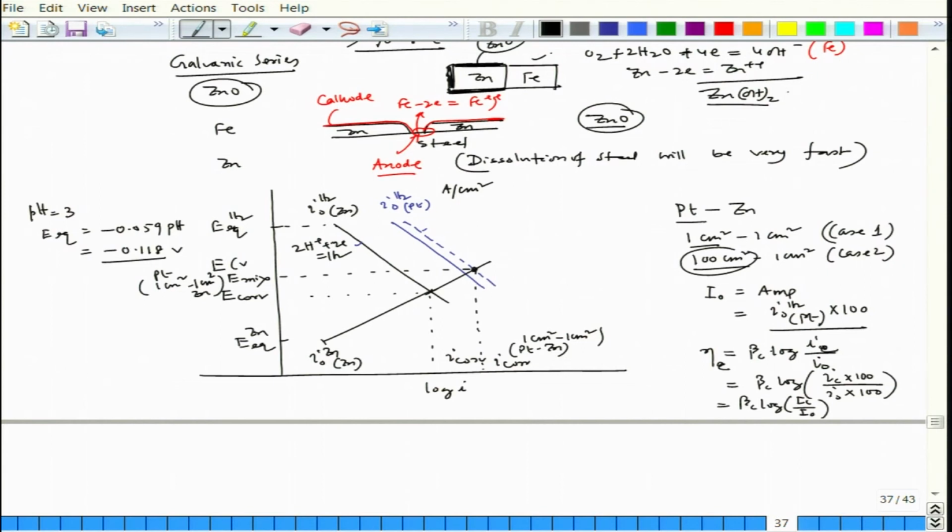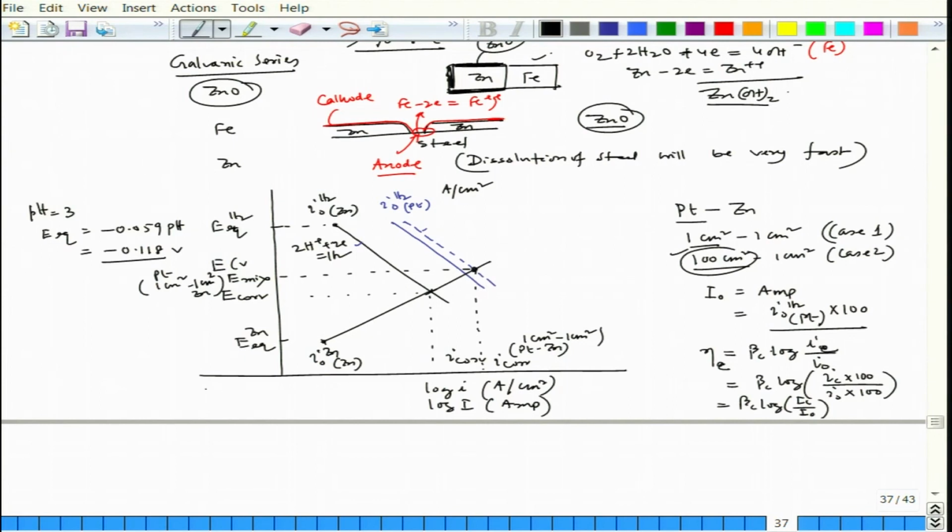Now, if we convert everything, previously it was ampere per centimeter square, now it becomes log I, and the unit becomes ampere. That particular point would not change, because the area is always 1 centimeter square.